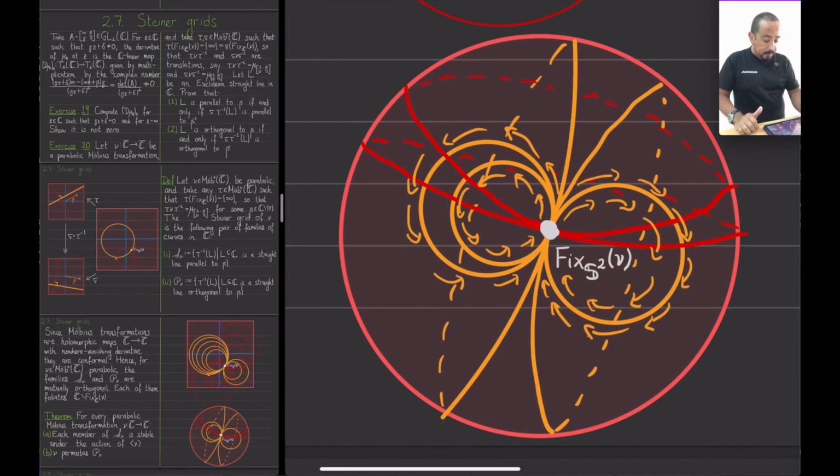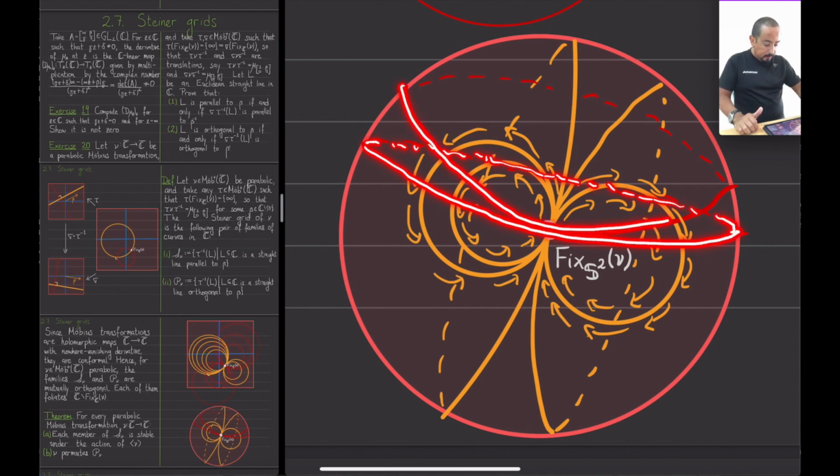So with this sketch, somehow this red circle, which is orthogonal to the stable ones, goes to another one, let's say this one, right? Along the orange lines, right?